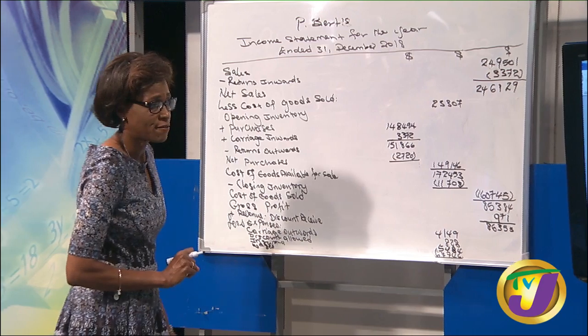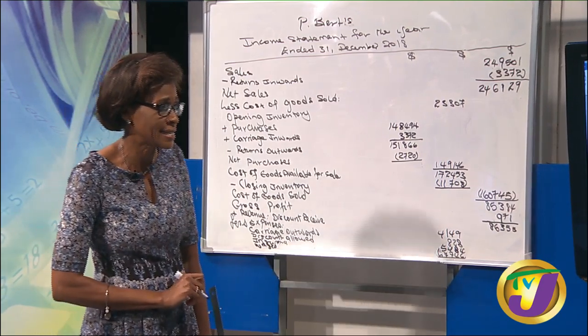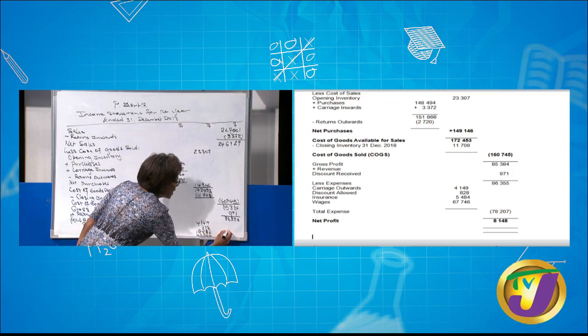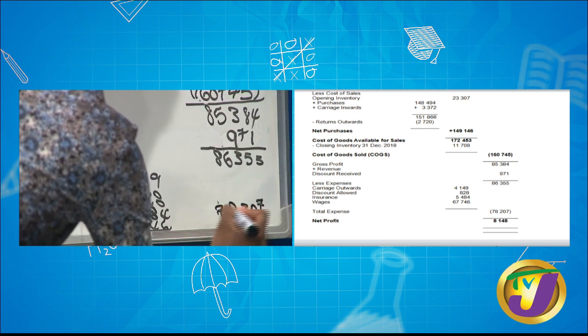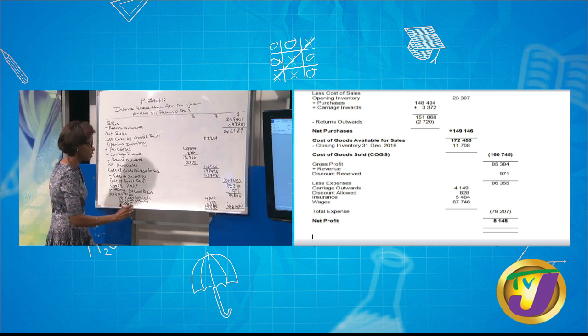And then we're going to be taking it away from our gross profit. And the difference is going to give us our net profit. So in this case, the total is $78,207. So we're going to take it across here.